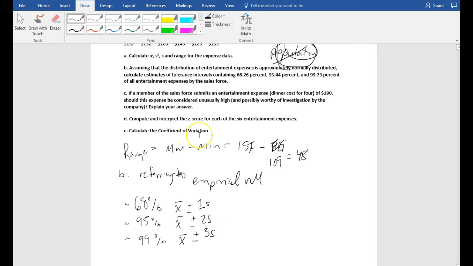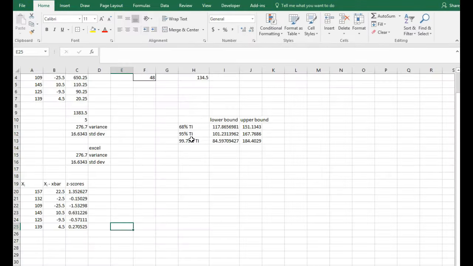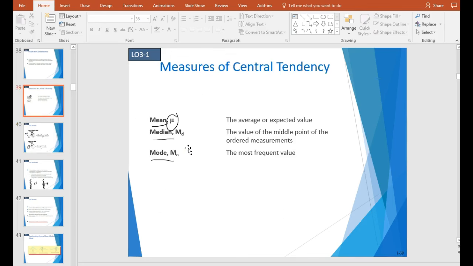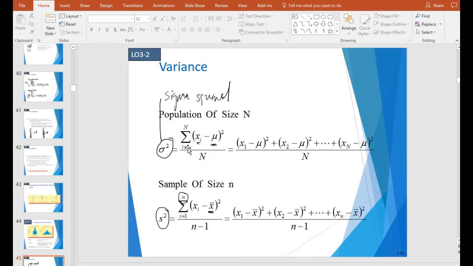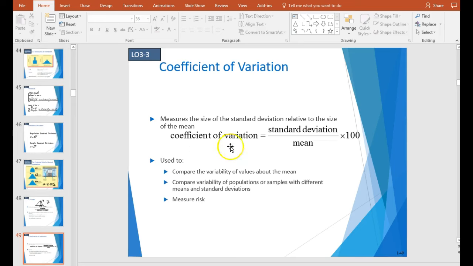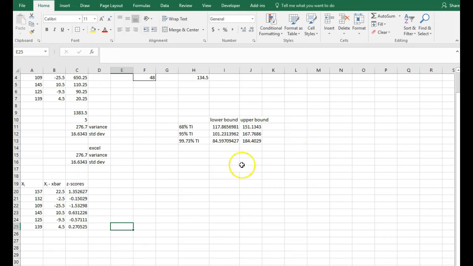Then lastly, calculate the coefficient of variation. That is just the percentage of the mean that the standard deviation is. If you remember, let's find coefficient of variation. That's just going to be the standard deviation over the mean times 100. So the standard deviation's relative size to the mean.